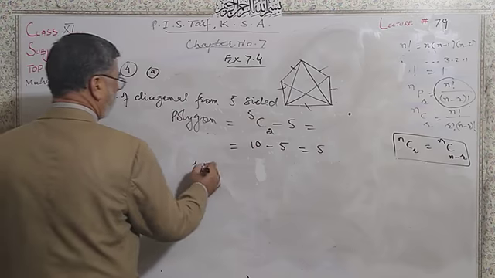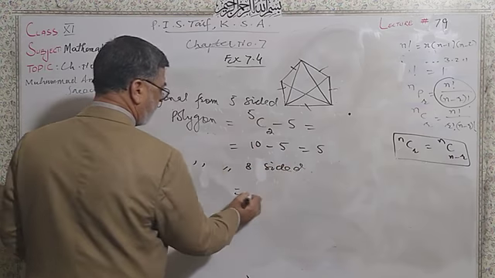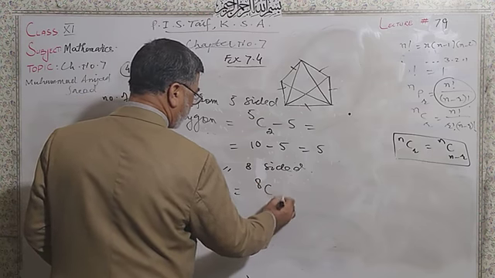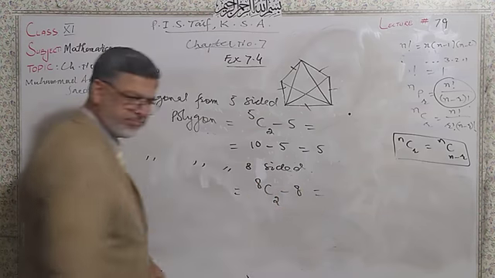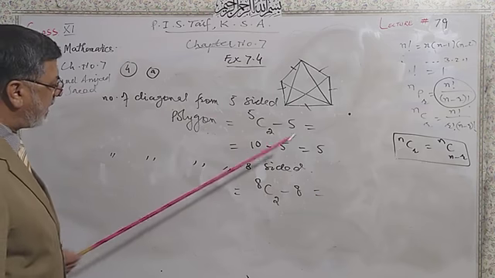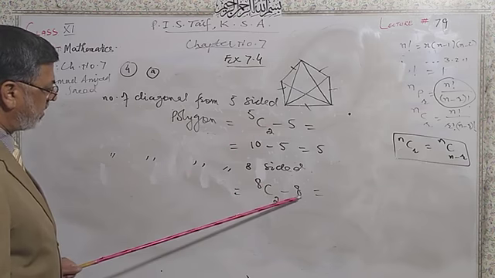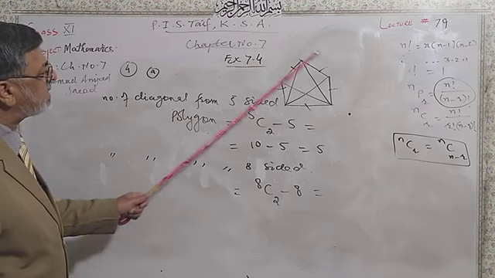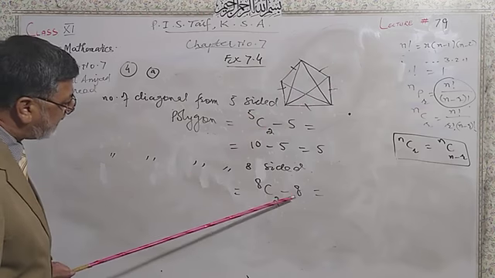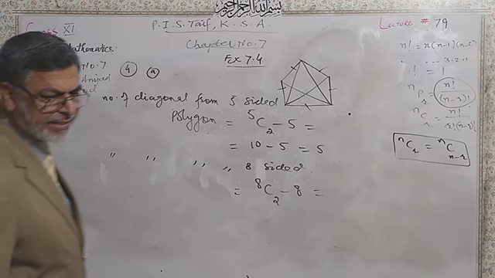If you want the number of diagonals from an 8-sided polygon, what will it be? 8C2 minus 8. You take all sides and 2 sides at a time for the diagonals. Minus 8 means the sides forming the boundary are not making diagonals, so they are subtracted.